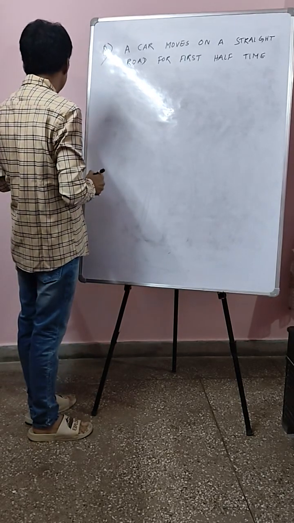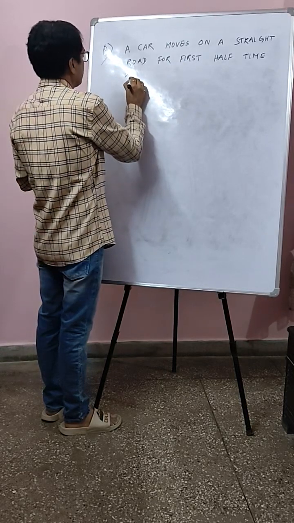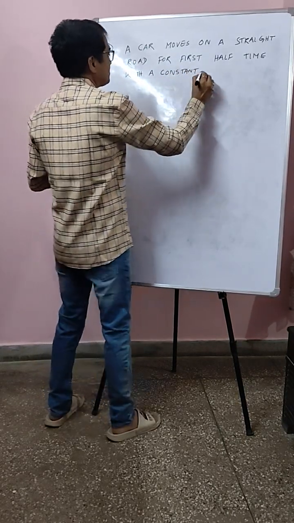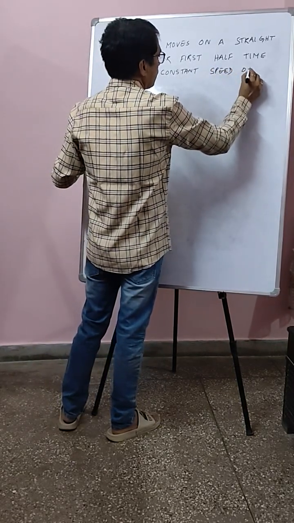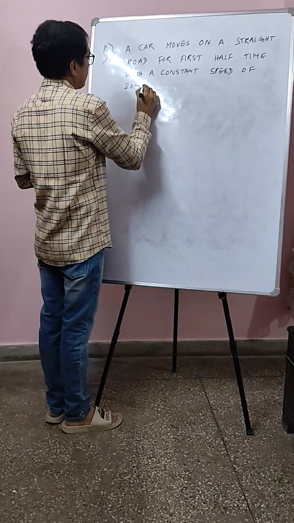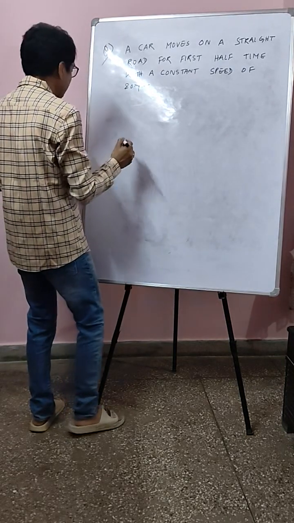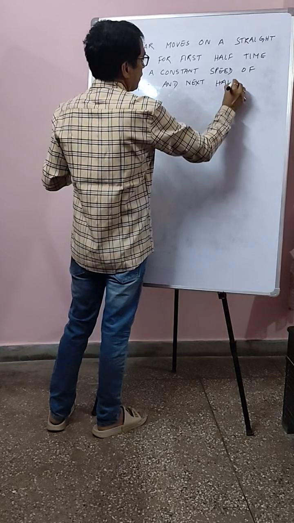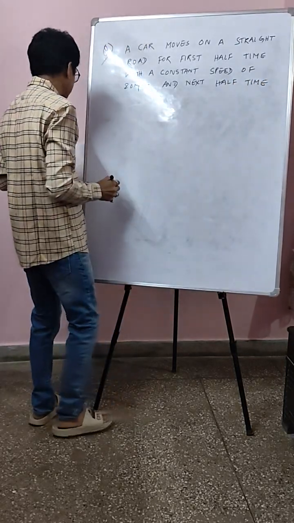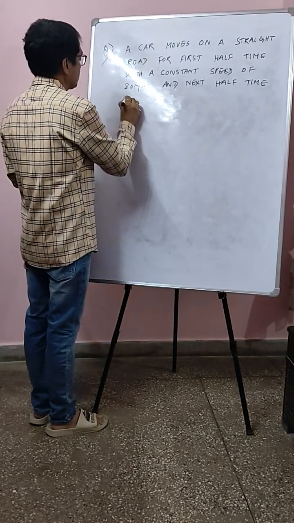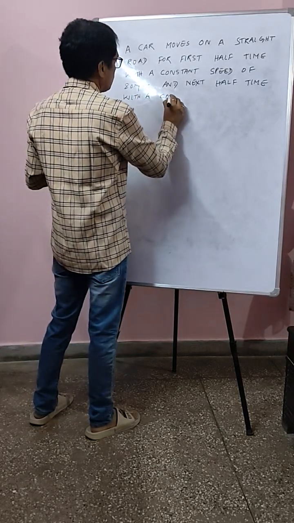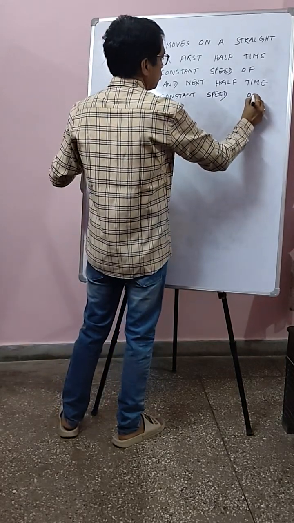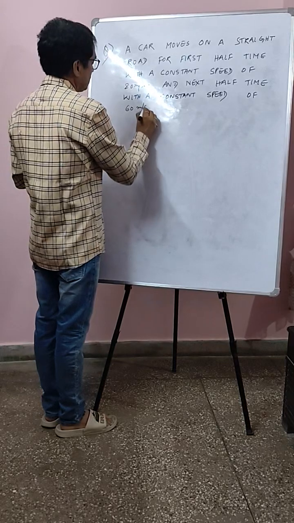He moves on a straight road for the first half time with a constant speed of 20 meters per second, and the next half time with a constant speed of 60 meters per second.